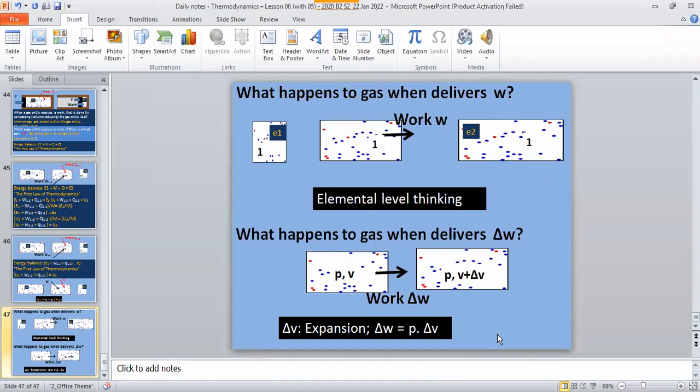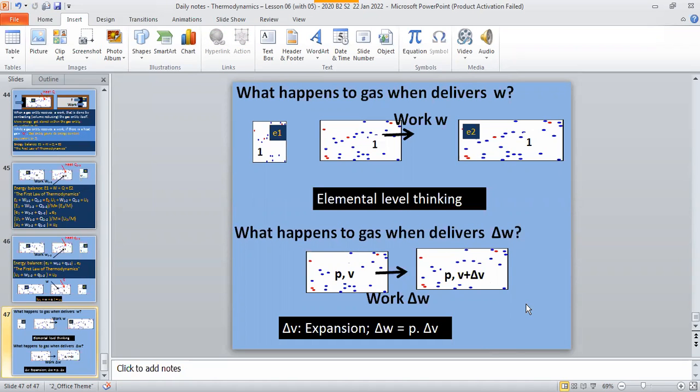So we are evaluating, because pressure is also going to get changed. So this is the elemental work done in this tiny time slot, delta W in a little delta T time.